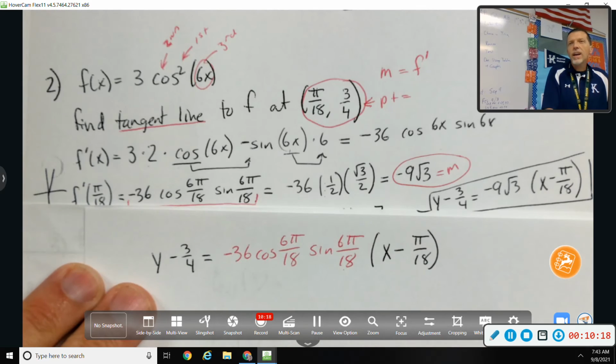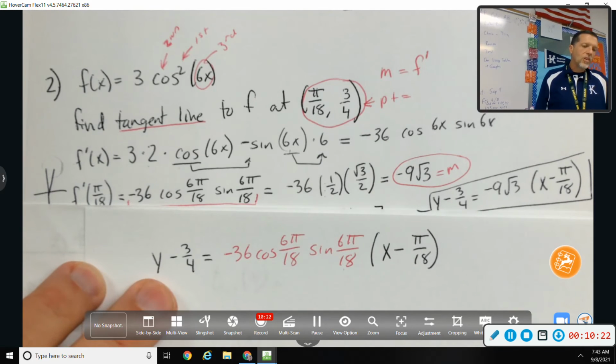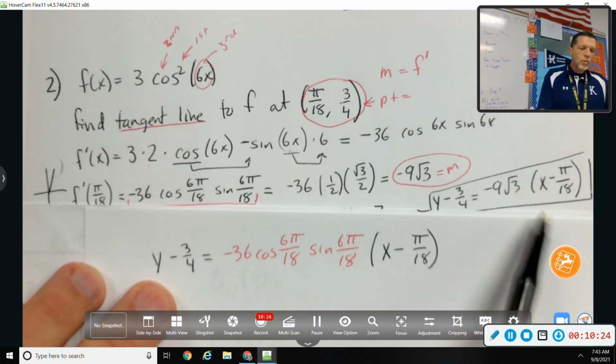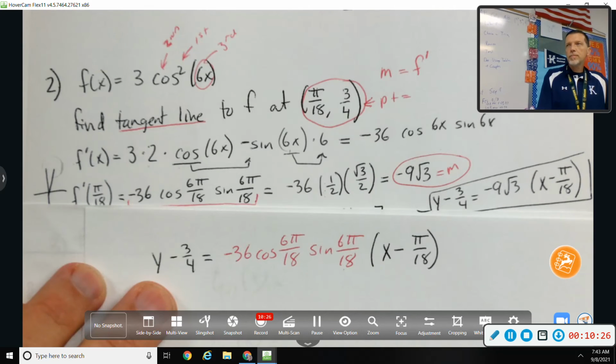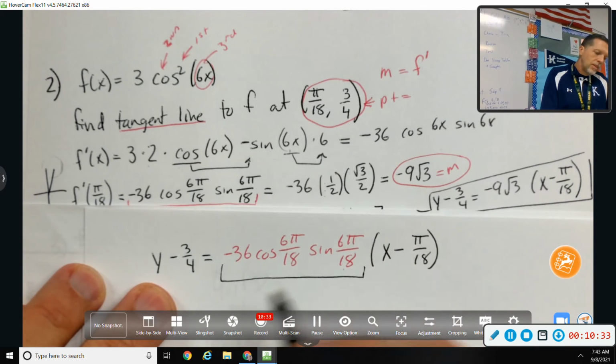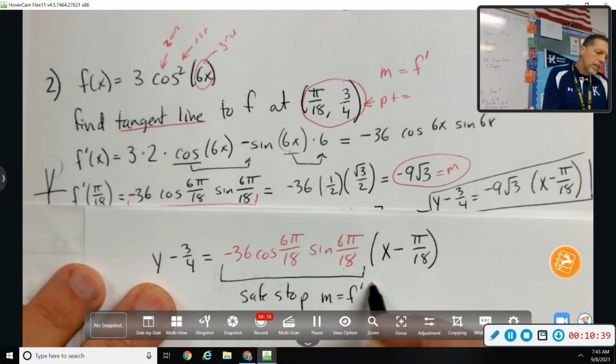Certainly on free response, that's definitely an okay answer. Multiple choice, it's probably going to look like that. Good question, though. That's okay, because that's your safe stop slope, or your safe stop f prime at pi over 18.